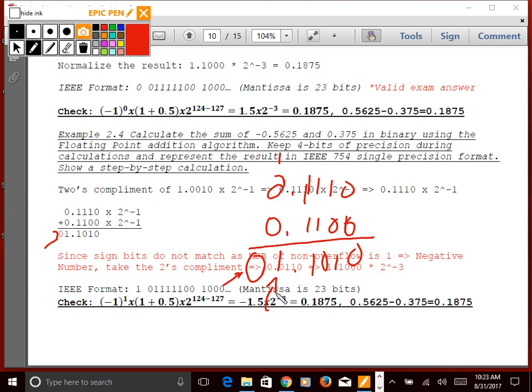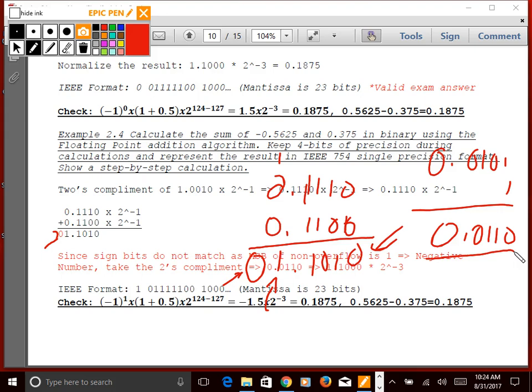So what we do, we're going to perform the 2's complement, and what we're actually going to get is 0.0101. We add 1, 0.0110. Does that look familiar?